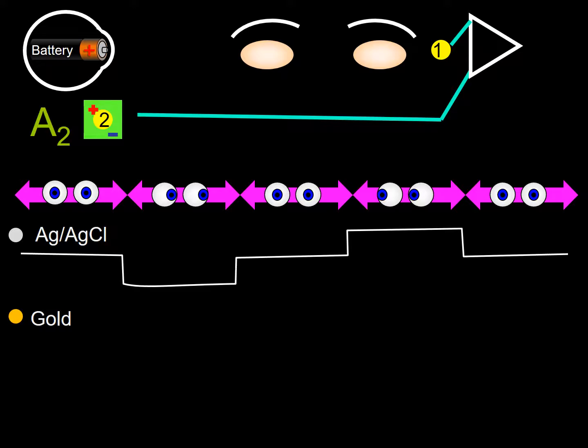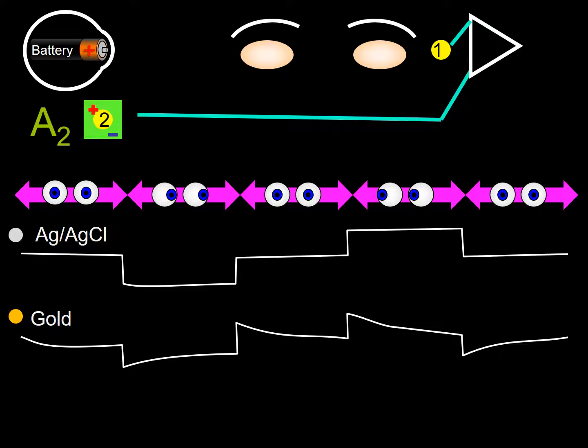If instead of using silver chloride electrodes, we use a gold surface electrode, the intervals between the vertical lines will not be sustained because gold electrodes have a shorter time constant than silver chloride electrodes.